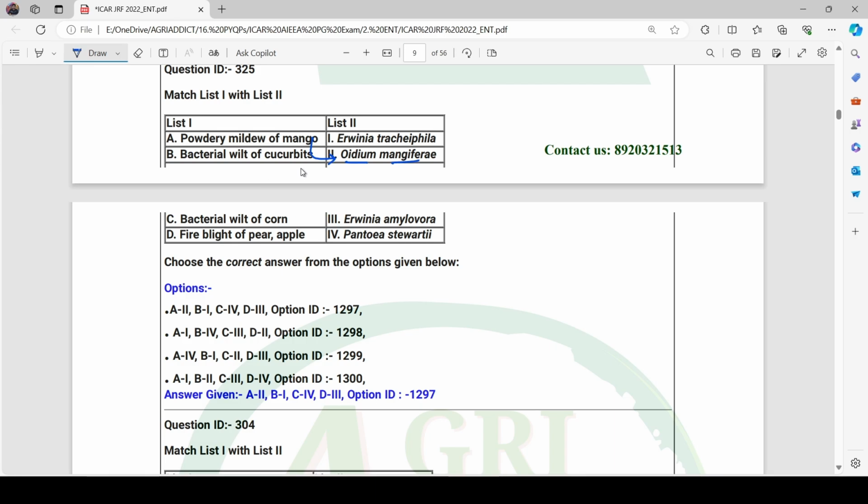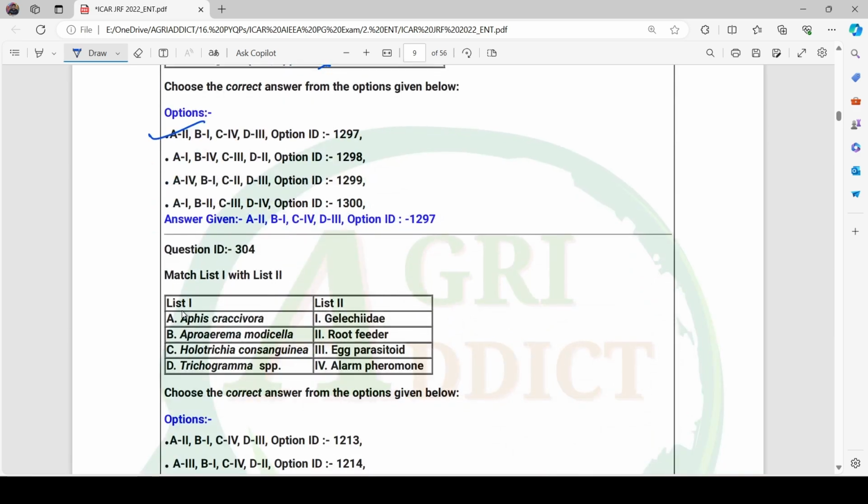Then bacterial wilt of cucurbits, it is by Erwinia tracheiphila. Then bacterial wilt of corn, it is caused by Pantoea stewartii. And fire blight of apple and pear, this is the first discovered plant bacterial disease that is caused by Erwinia amylovora. So option 1, that is A2, B1, C4 and D3 is the correct answer.